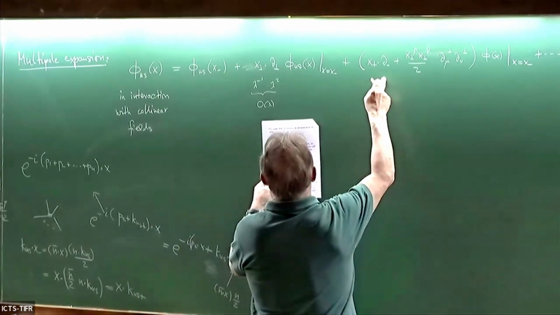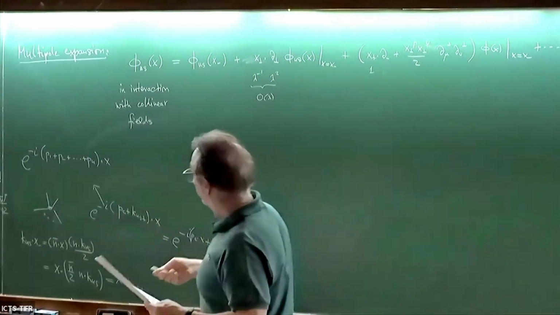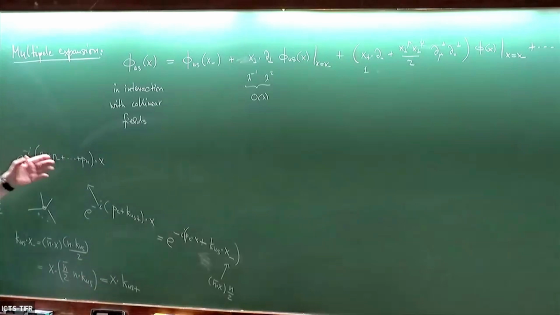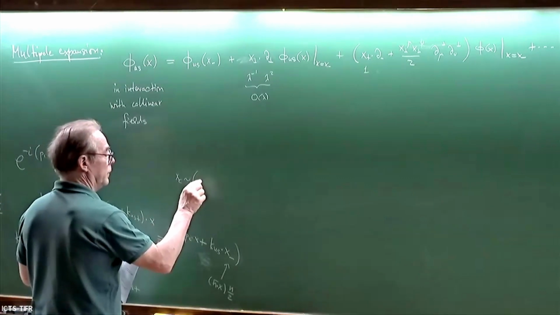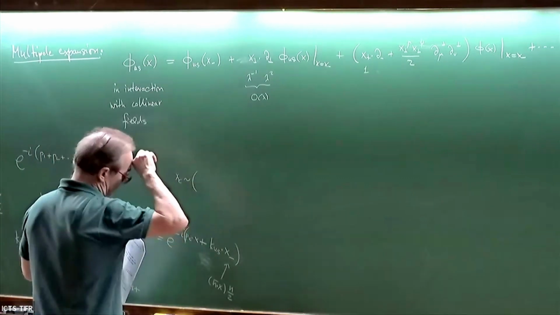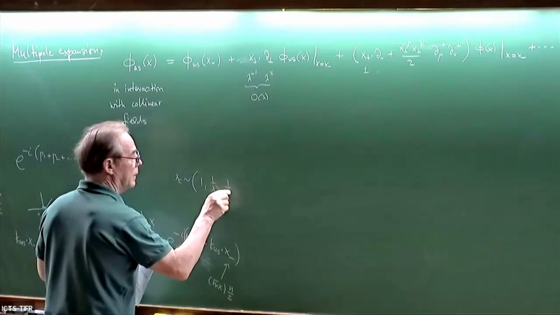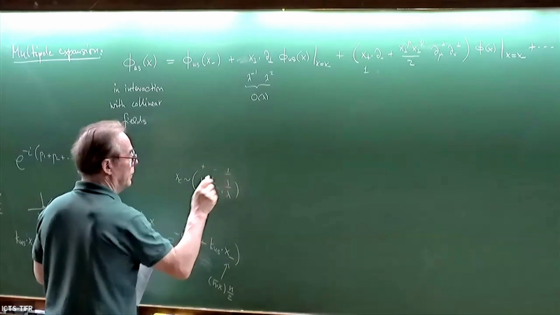And here, this is ultrasoft fields in interaction with collinear fields, so the X counts like a collinear X. So remember X collinear, the scaling was 1 over lambda squared, 1 over lambda. So this is plus, minus, perp.